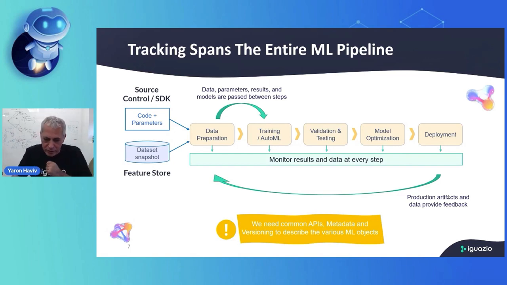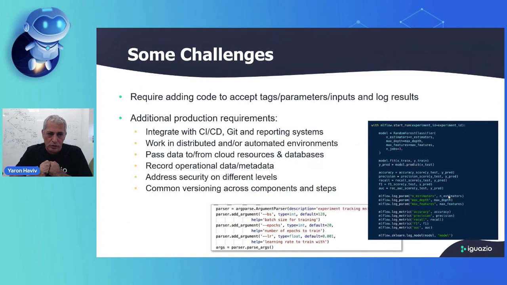Okay, and some other challenges when you're building all of that: when we want to do tracking, in many cases we add code. You can see some snapshots of examples. In many cases, in order to have parameters going into our code, we have to start working with all those arguments and so on.